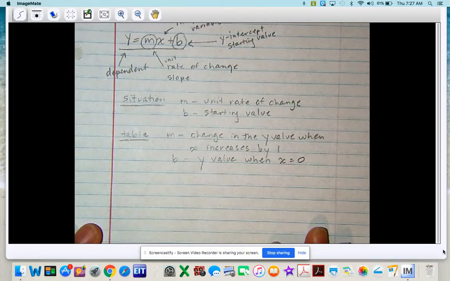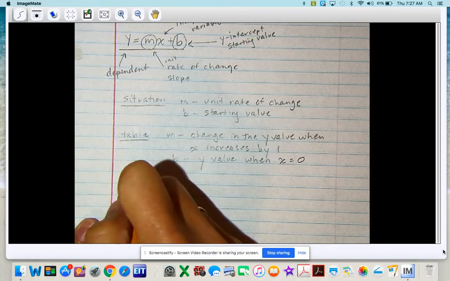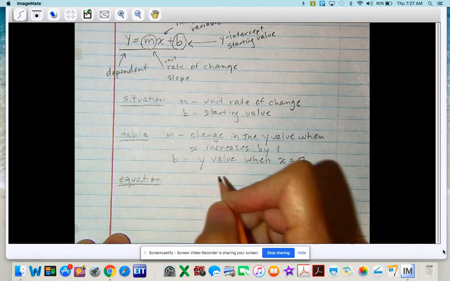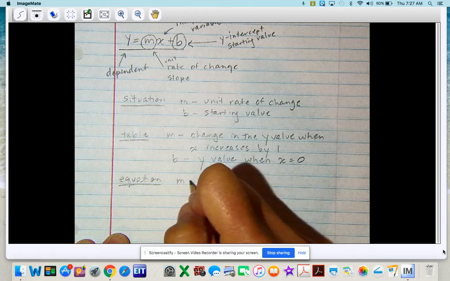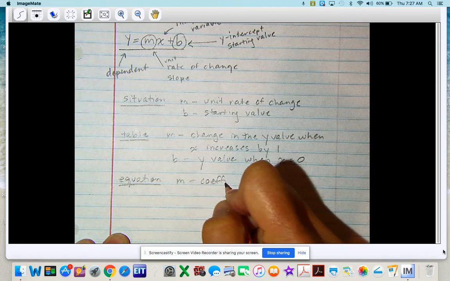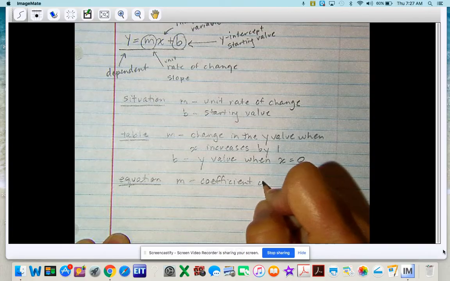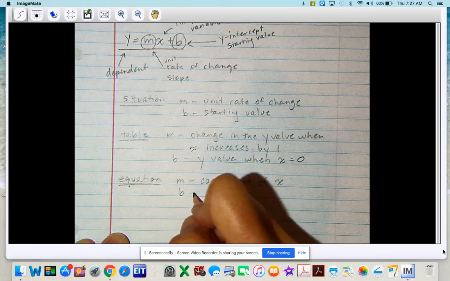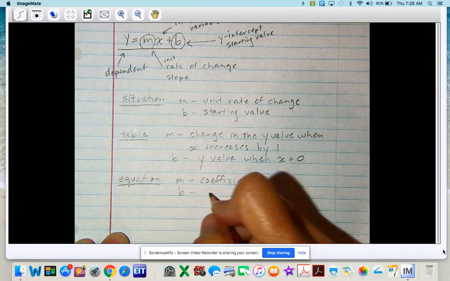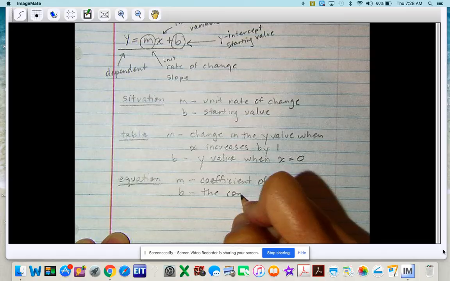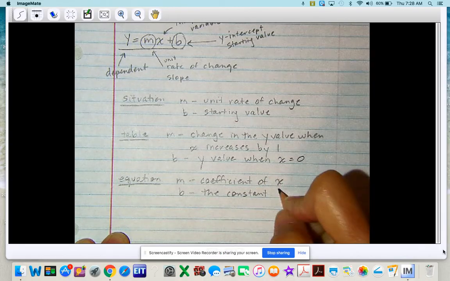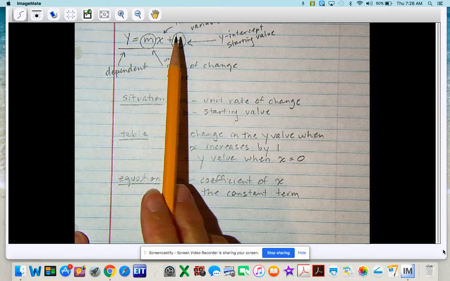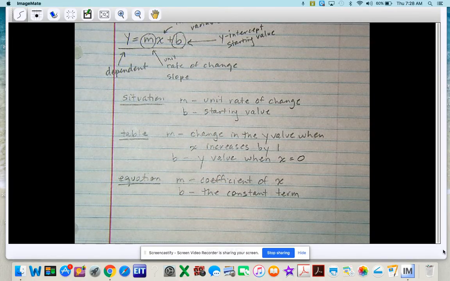Okay, so how do we find those two important things in our equation? All right, so the m, the rate of change, is always the coefficient of x, the multiplier of x, and our b value is the constant term. So the value that's not tied with the x will give us our starting value.